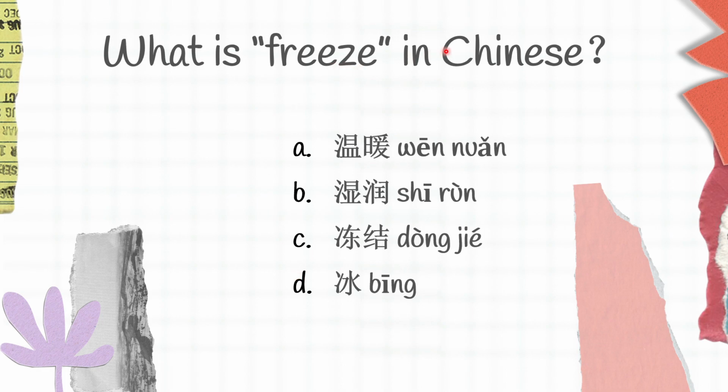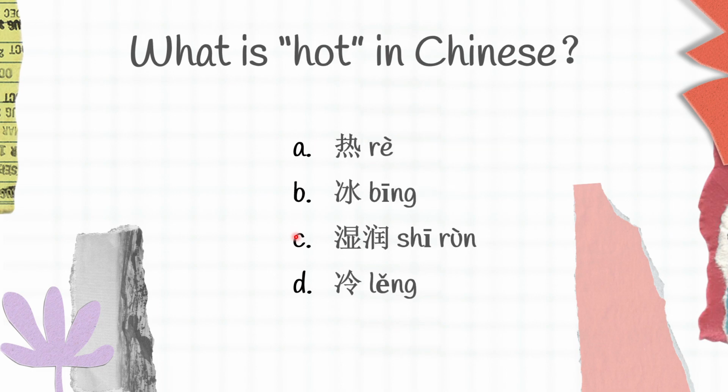So freeze in Chinese is obviously C, 冻结. The next question here, what is hot in Chinese? So we have A, 热, B, 冰, C, 湿润, D, 冷. So which one do you think is the correct answer?